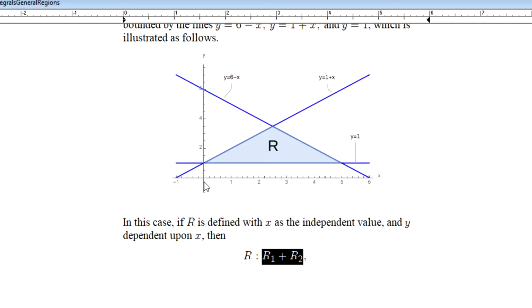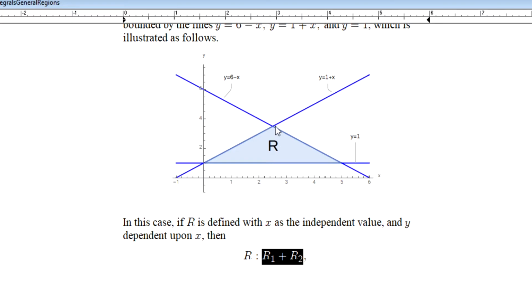What we would note if we consider x to be independent and having to vary between some constant bounds, R's upper and lower bounds, which are going to be defined by that dependent value of y, actually transition from the line y equals 1 plus x to the line y equals 6 minus x right here in the middle of R. Right here at what we might think of as the x value of 2.5, or 5 halves.